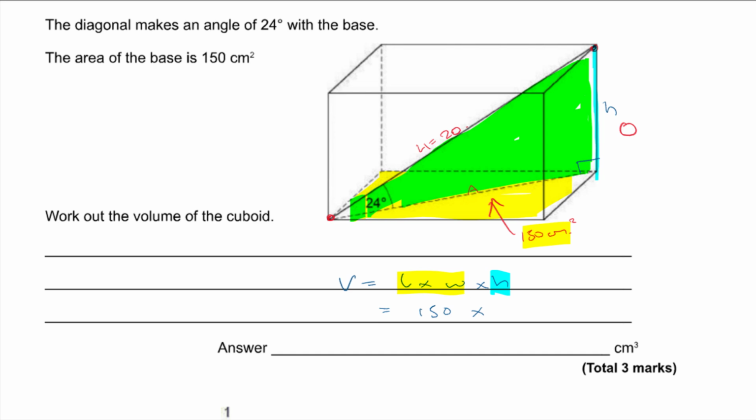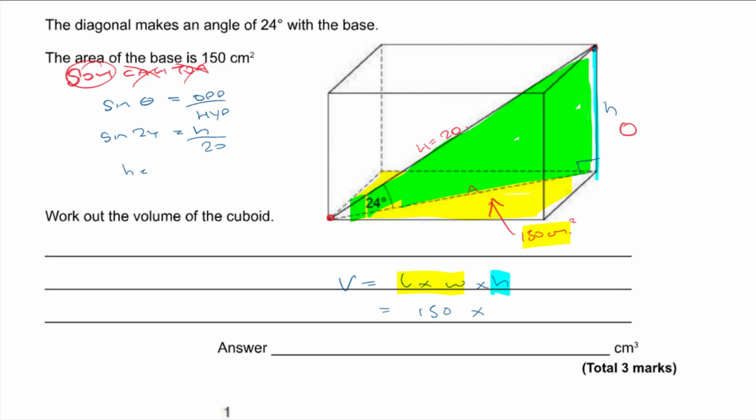Writing down SOHCAHTOA to work out which ratio we're going to use here, because it's definitely trig, isn't it? It's the A that I don't care about. So no CAH, no TOA, because they've both got an A in it. I'm going to be using sine to work out the length of that opposite side. So sine theta is equal to the opposite over the hypotenuse. So the sine of 24 is equal to H, the height of my cuboid, divided by the hypotenuse, which was 20.